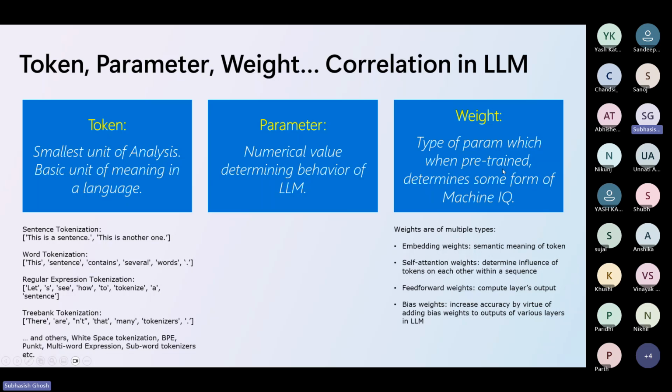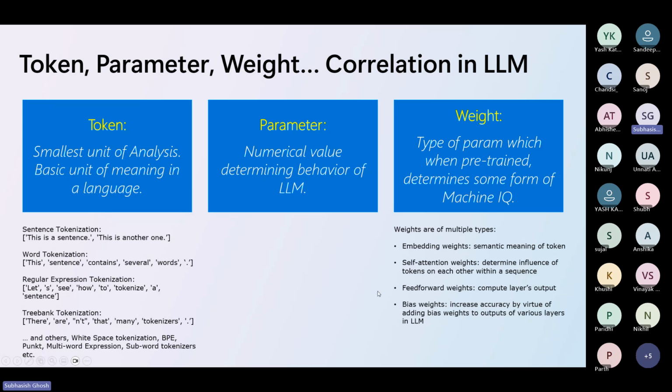So weights are pre-trained parameters. Parameters are the numerical values determining the behavior of the LLM, and token is the fundamental unit of analysis, which provides the meaning of a language. It comes through the entire input, which is referred to as the input sequence.